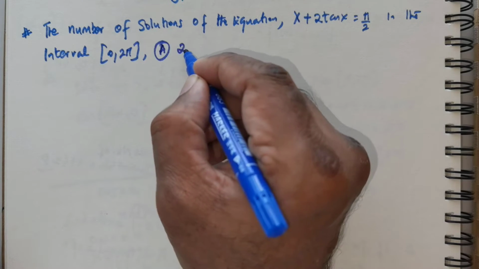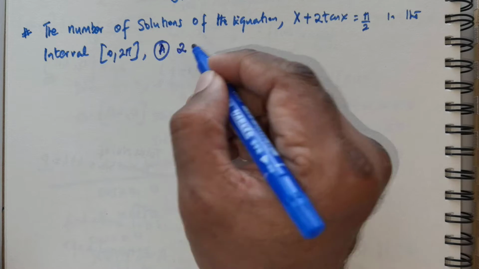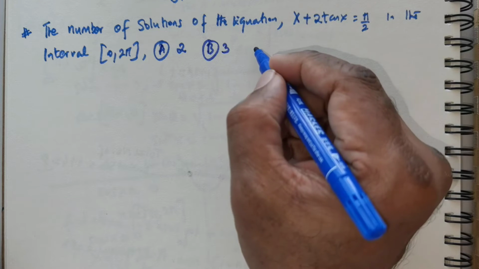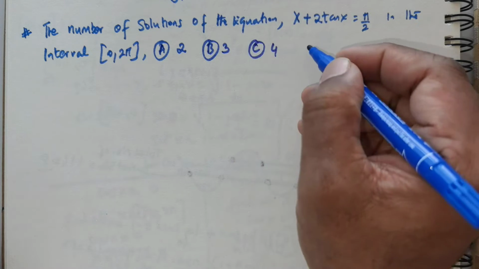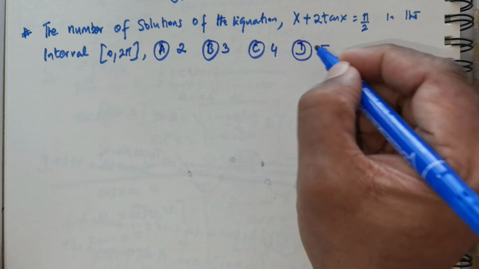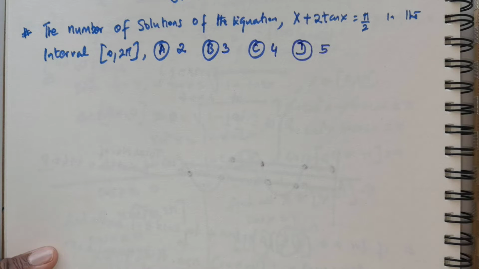Is it 2? Is it 3? Is it 4? Is it 5? So we will have to solve this question.